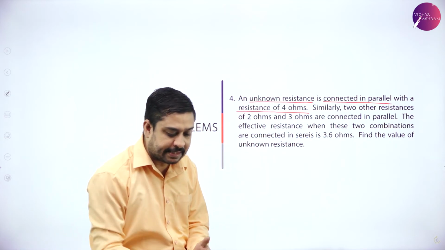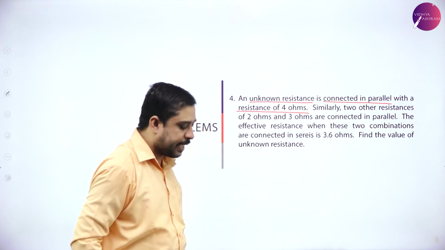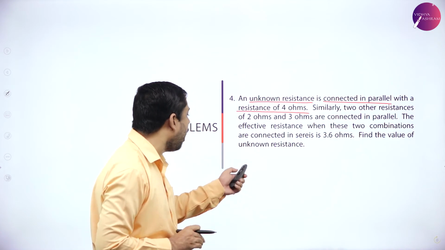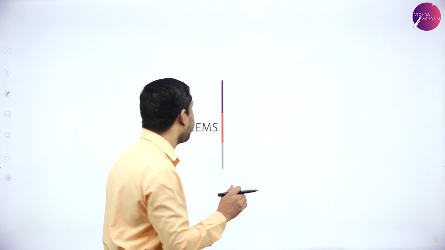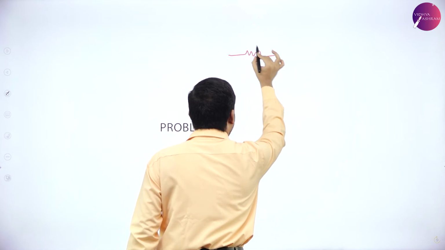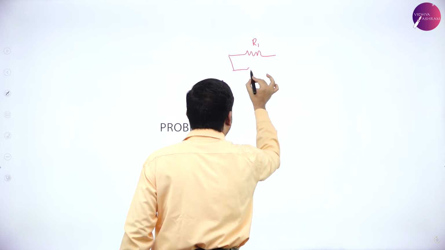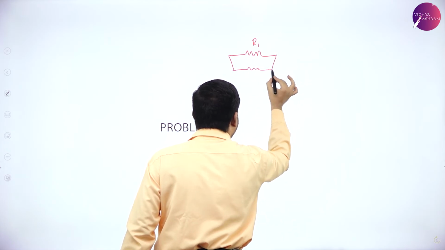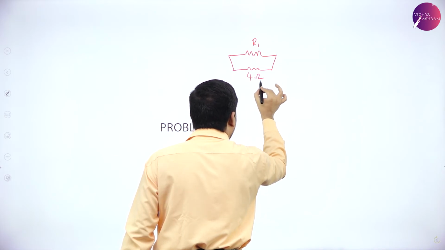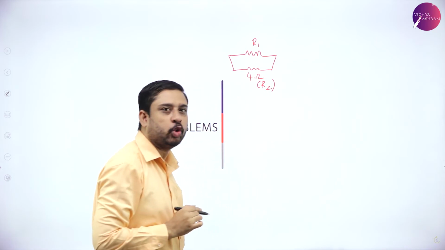An unknown resistance is connected in parallel with a resistance of 4 ohms. Now I say the unknown resistance is R1. It is connected in parallel with a resistance of 4 ohms, which I call R2.